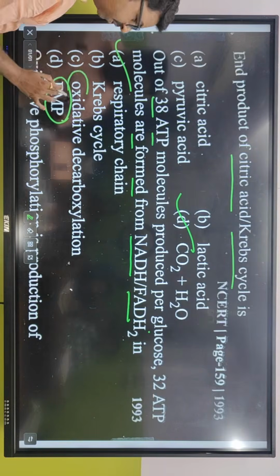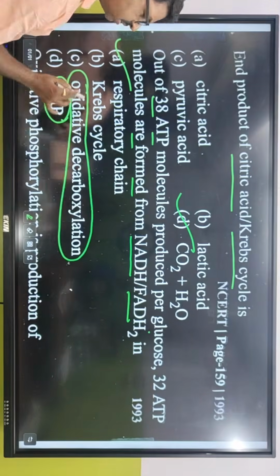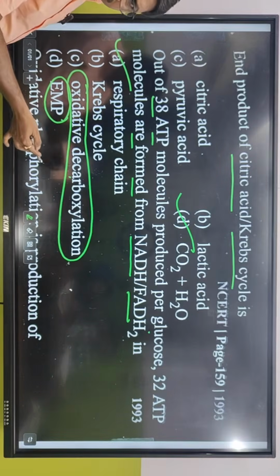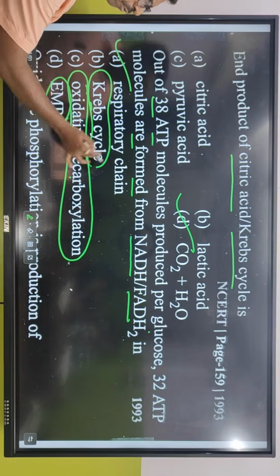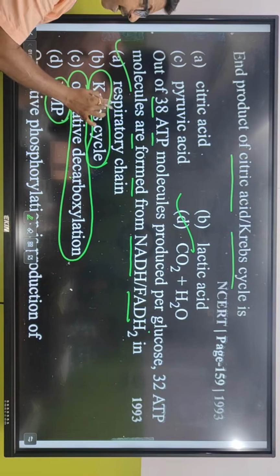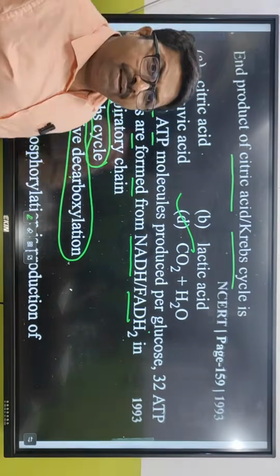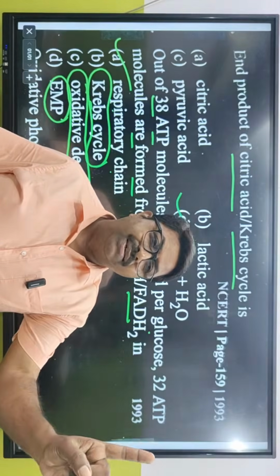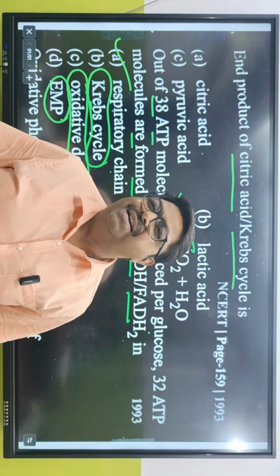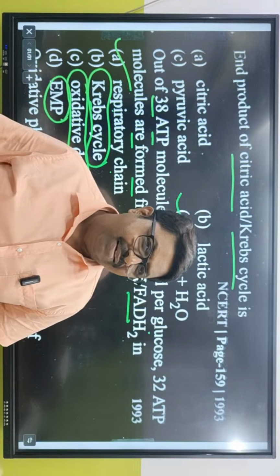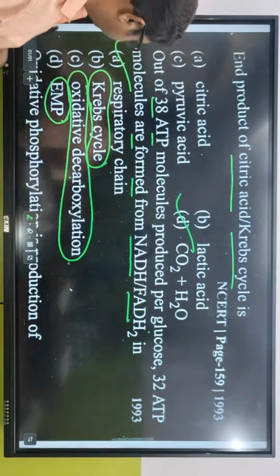Why not oxidative decarboxylation? It is not oxidative phosphorylation. What is Krebs cycle? Only Krebs cycle will be fetching you 24 ATP. Respiratory chain is going to talk about everything. What all goes into the respiratory chain? Glycolysis, link reaction and Krebs cycle. Understood? Great.